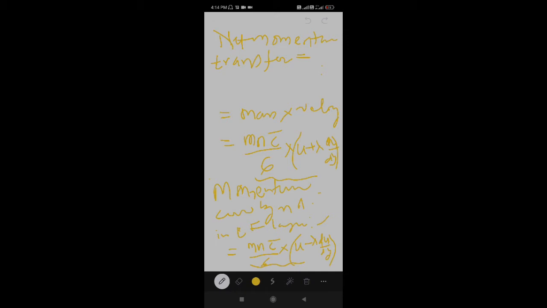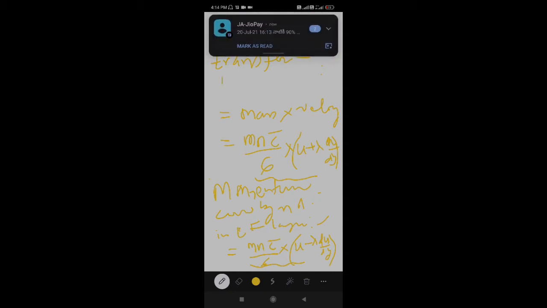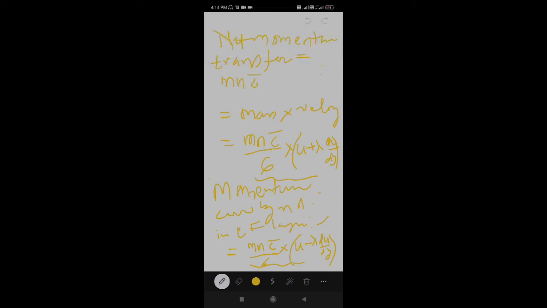First term is same. What is the second term? m n c bar by 6 lambda du by dy. How much are you going to get? m n c bar by 6 into what are you going to get inside the bracket?